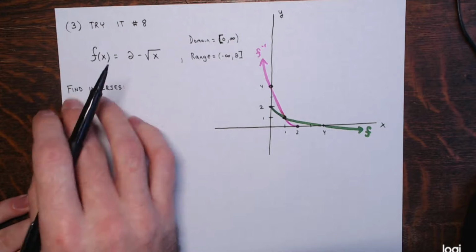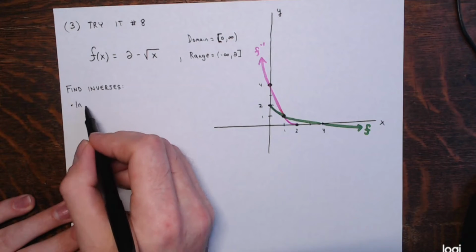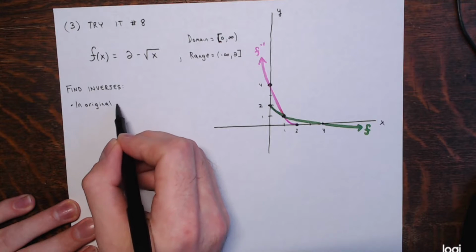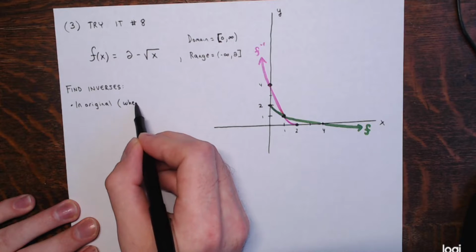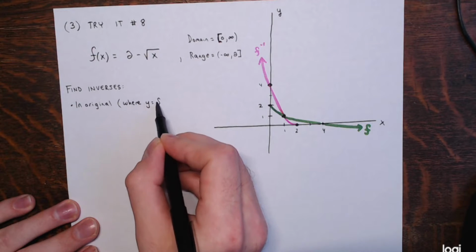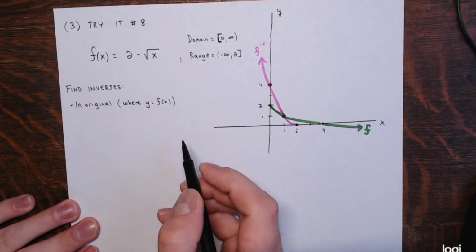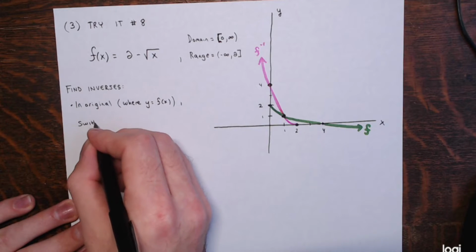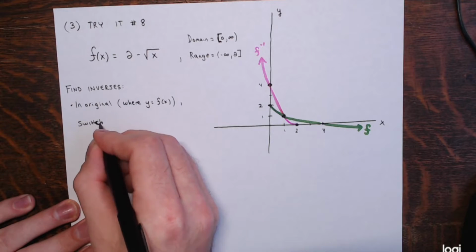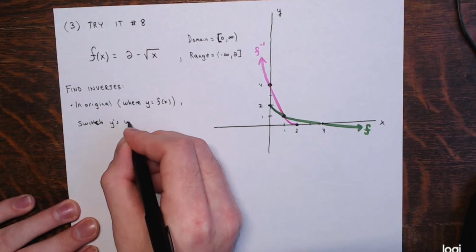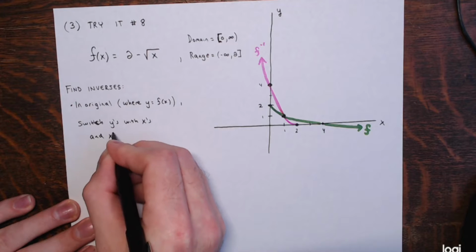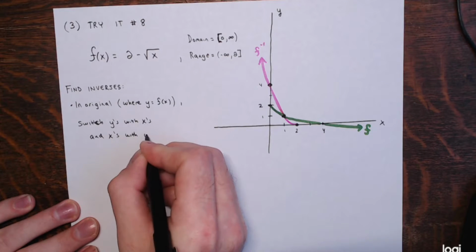Alright, so finding equations for inverses. In the original equation, where y equals f of x, you switch all y's with x's and x's with y's. That's what happens in an inverse.